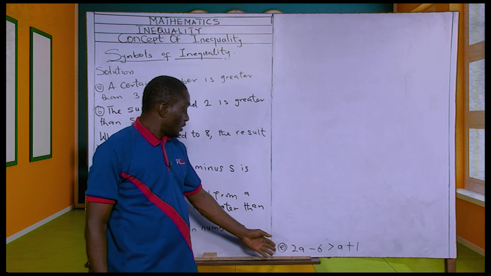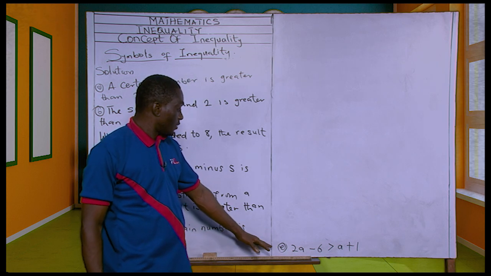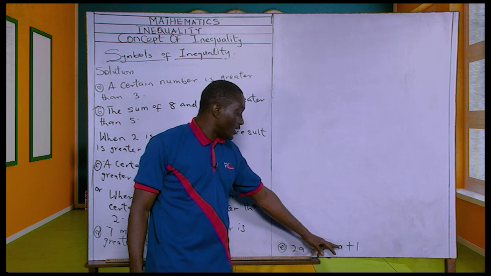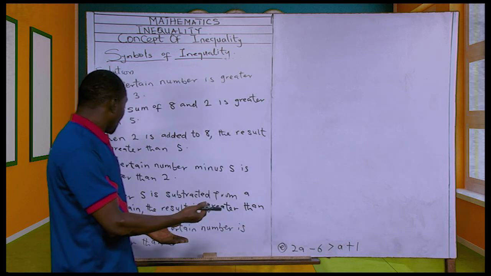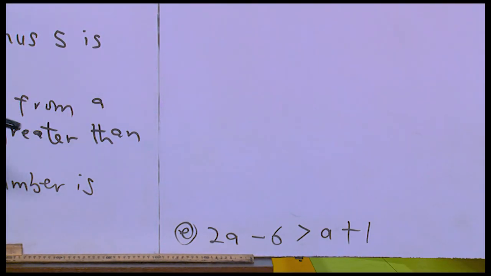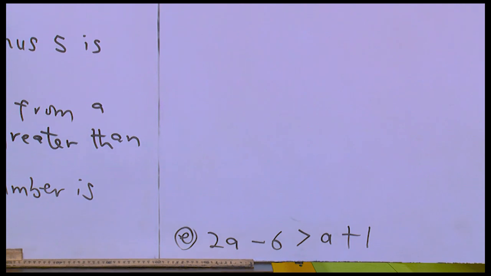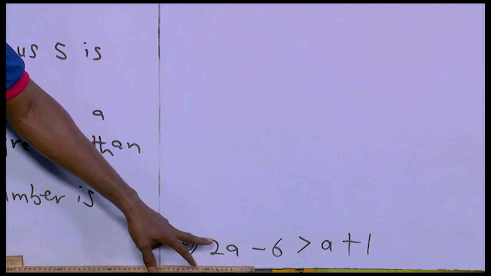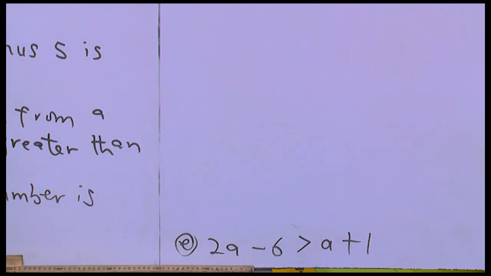So, question E. We have 2a minus 6 is greater than a plus 1. How do you rewrite that in an ordinary statement? It's very simple. This side we have 2a minus 6.